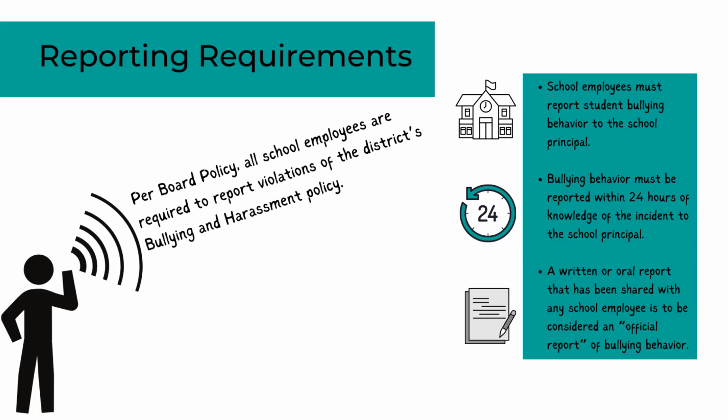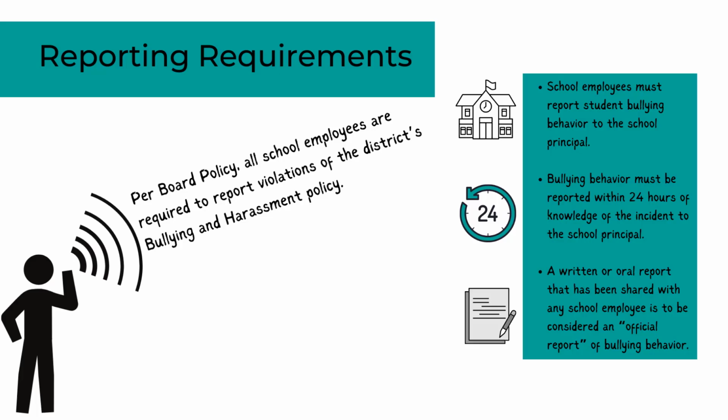As an employee of the district, you may become aware of bullying behavior either through direct observation, parent report, student report, or other methods. If a parent reports bullying behavior to you, you should direct them to submit a report through Focus or to the school principal.